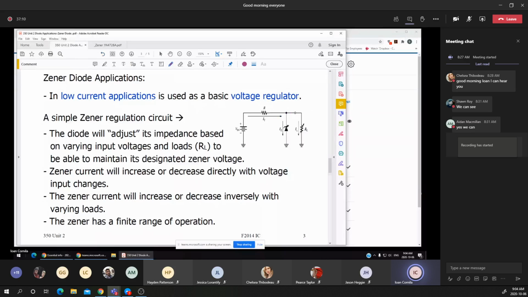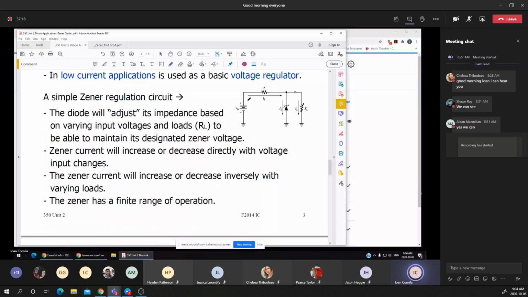Based on this circuit, we may have three different types of problems. One problem is finding the min and the max voltage that can be applied to a circuit that has a certain resistance and a certain Zener diode.